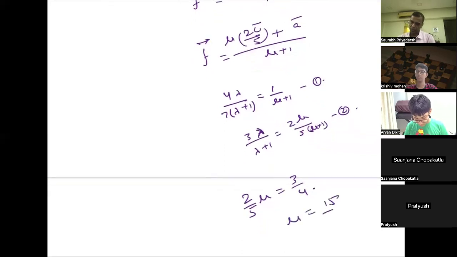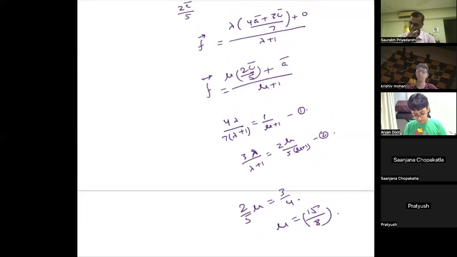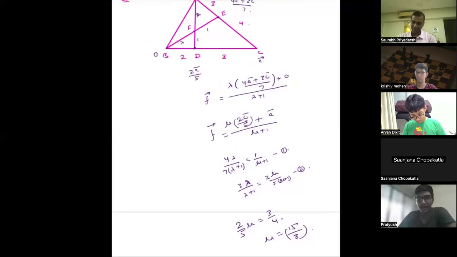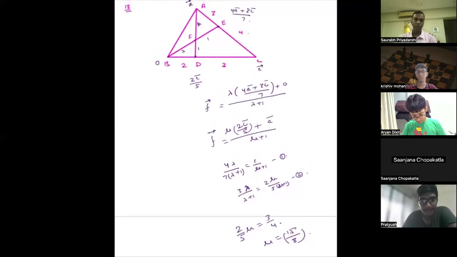Mu is equal to 15 by 8. And if I put the value of mu, I'll get the value of lambda. Everything is now known for me. Is this okay? This method is okay.